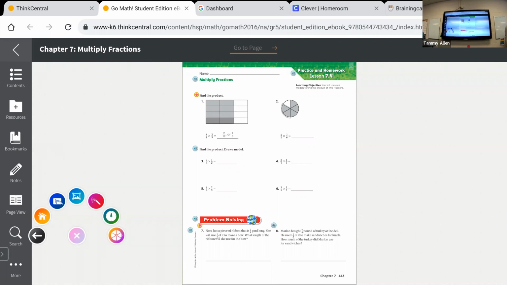Assessment topic. Add and subtract fractions and mixed numbers.